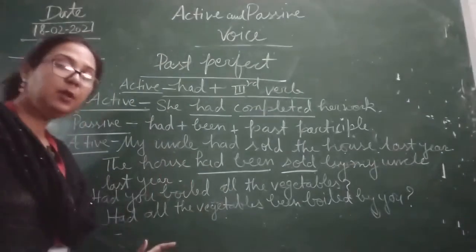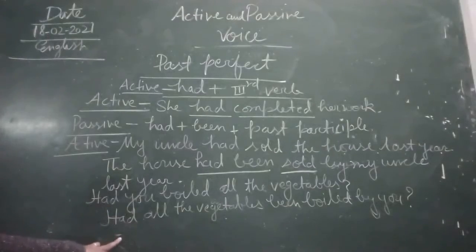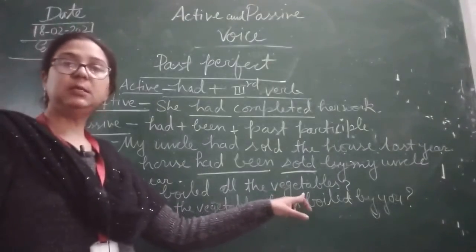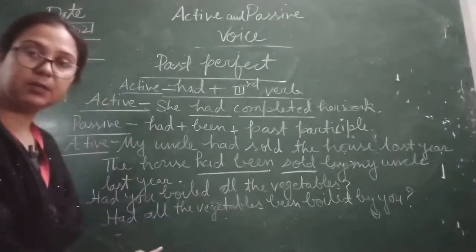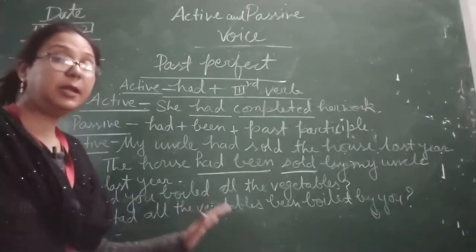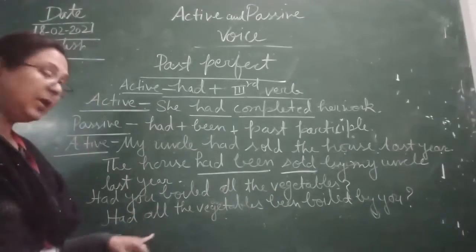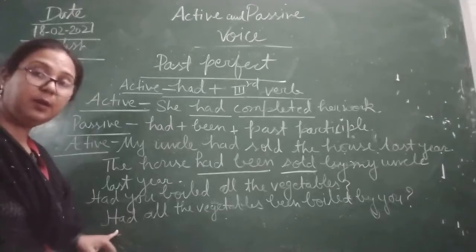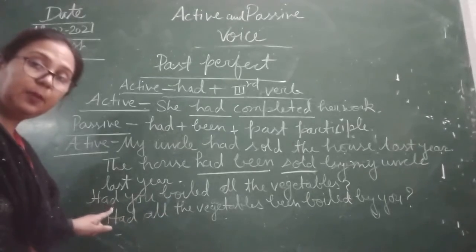Now what have we done? Only "had" will be placed over here, and because this is the object, obviously we have to write it first. Because we have to make an interrogative sentence, we are not going to change anything, because we have to start with "had."